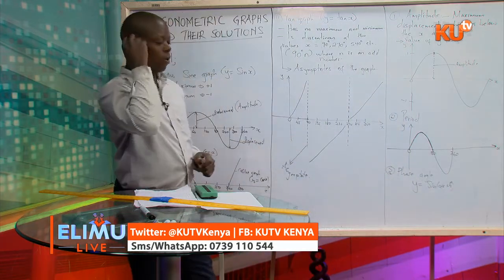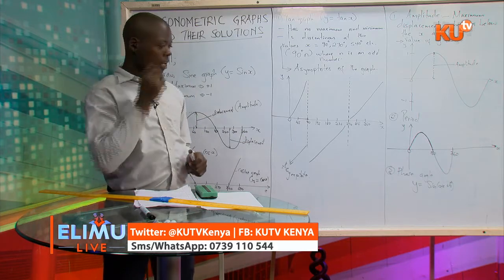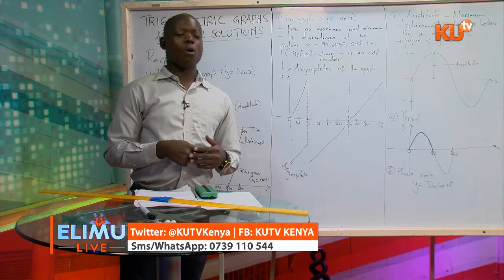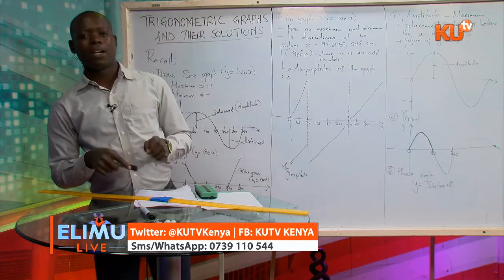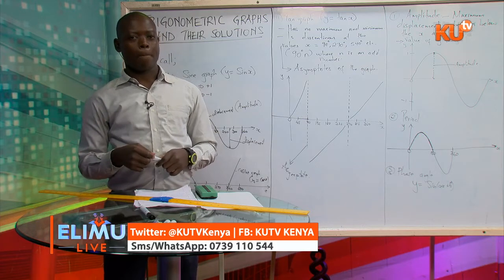Then what we call the phase angle is that angle difference, which in this case is b degrees. The angle that is either added or subtracted to the main angle is what we are calling the phase angle.